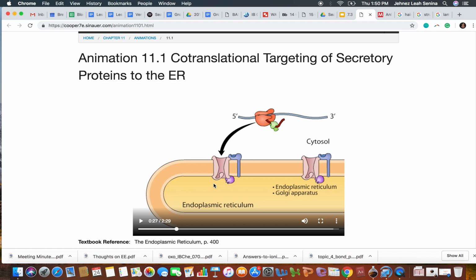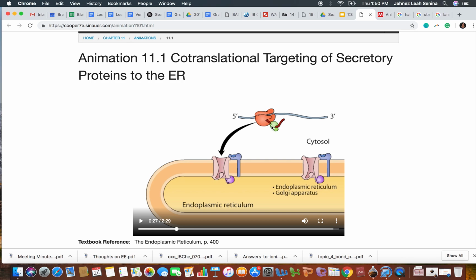So those free ribosomes can actually attach themselves to the endoplasmic reticulum if there's a signal sequence for the protein to be translated in the endoplasmic reticulum.